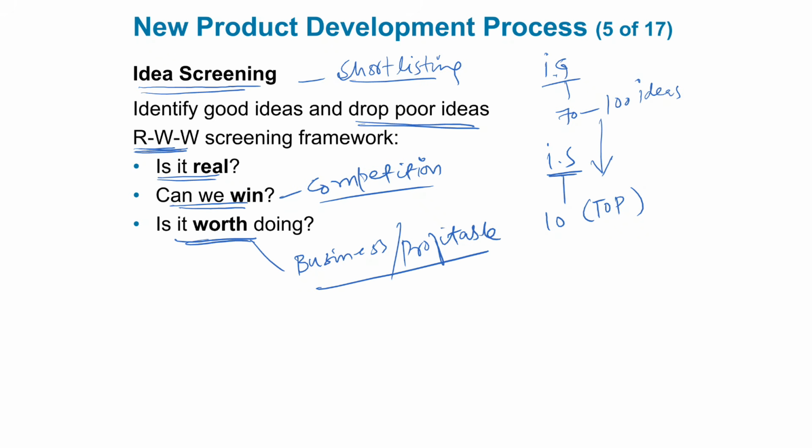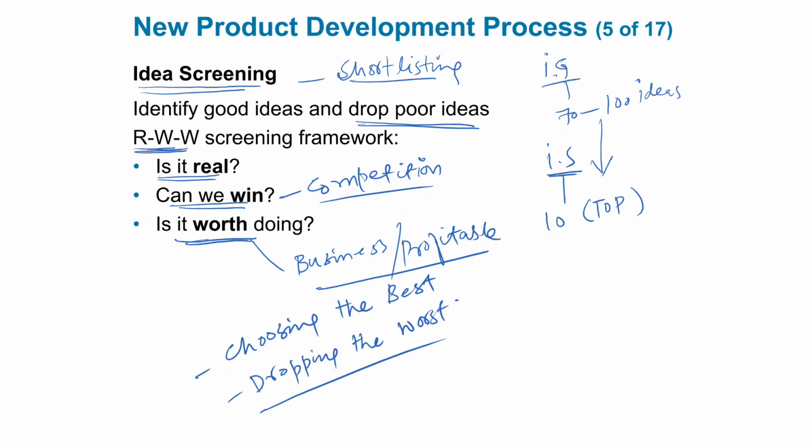So in idea screening, you shortlist the ideas, choose the best ideas and drop the poor ideas. So in simple words, choosing the best and dropping the worst.